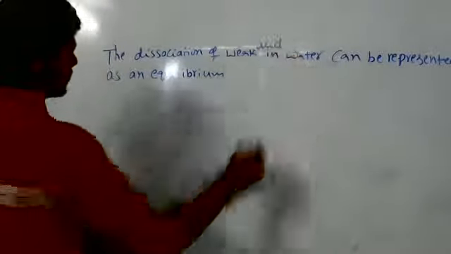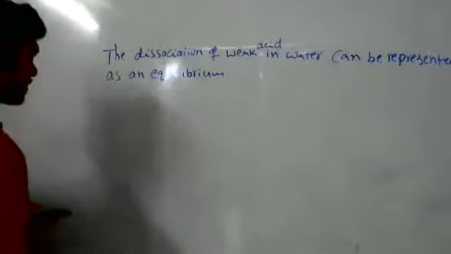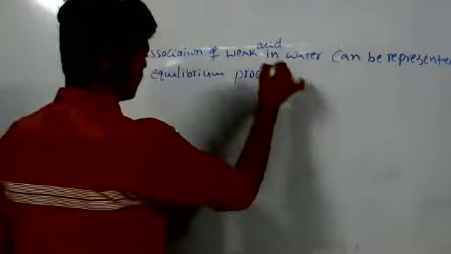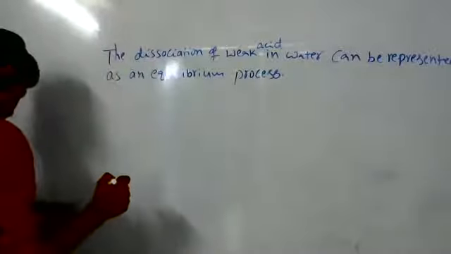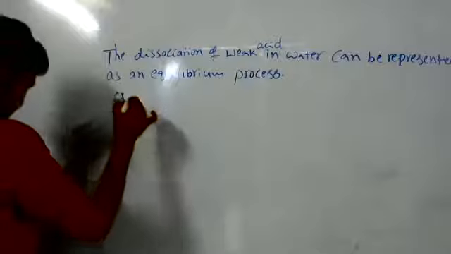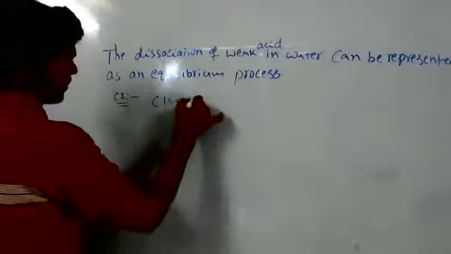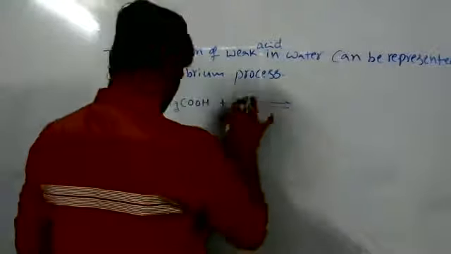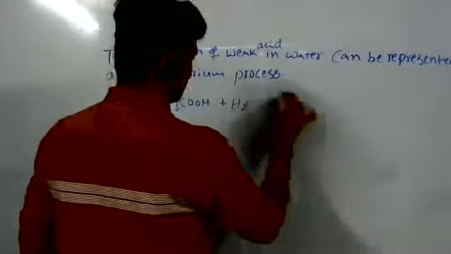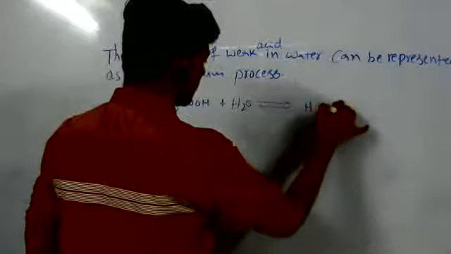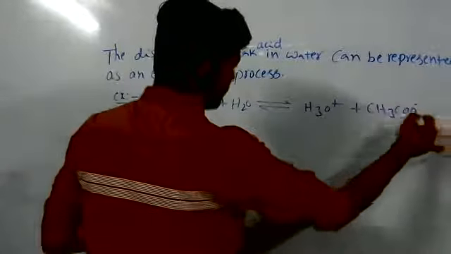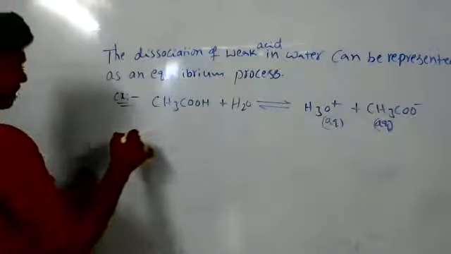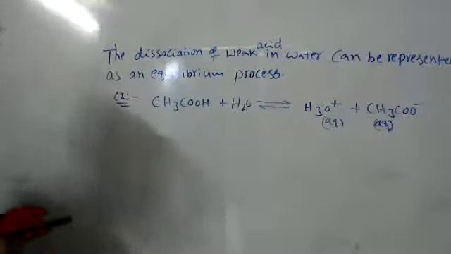Example, CH3COOH plus H2O gives CH3COO minus plus H3O plus. These are now in aqueous state.